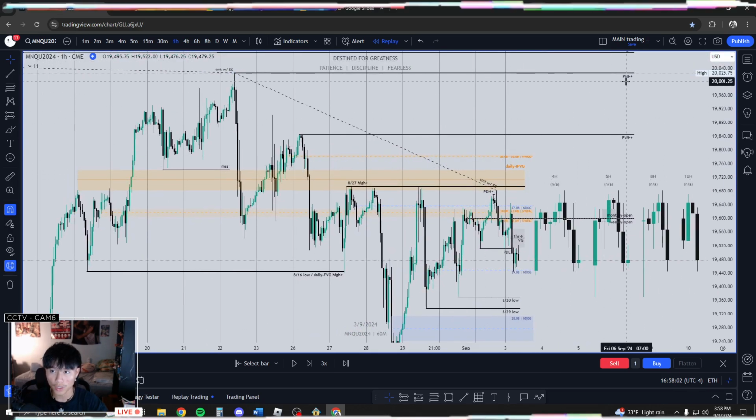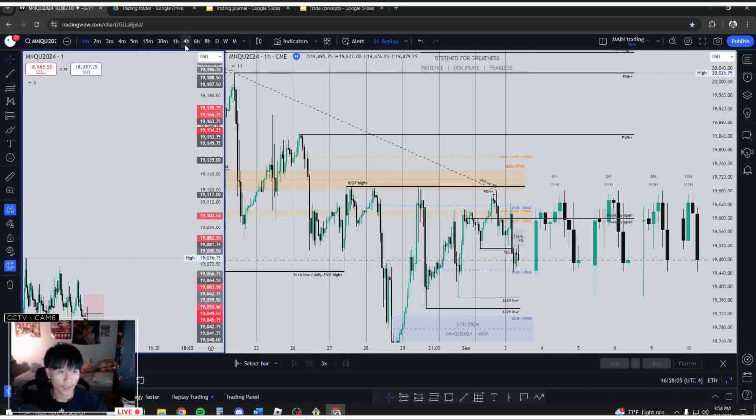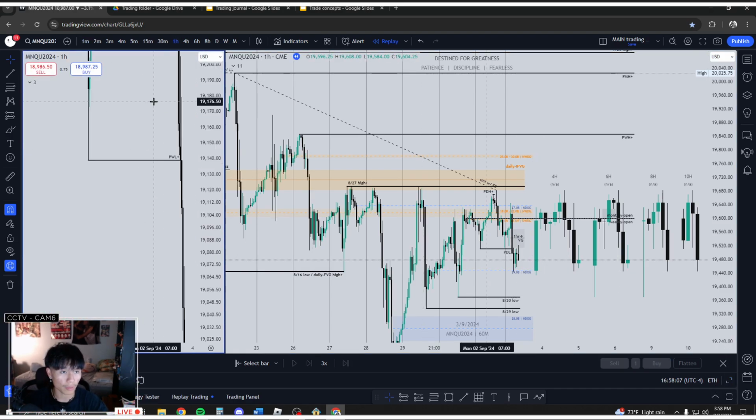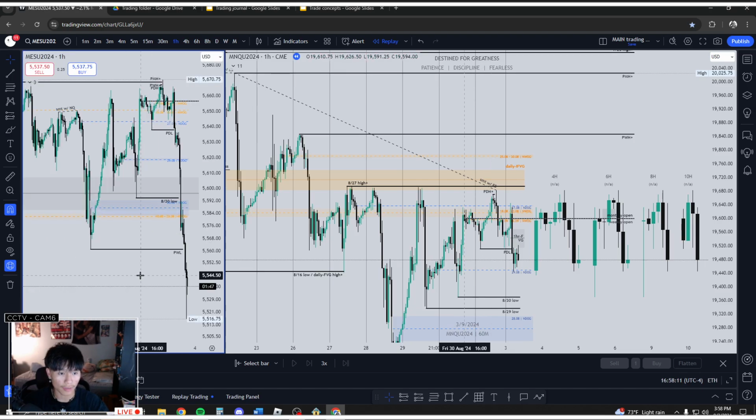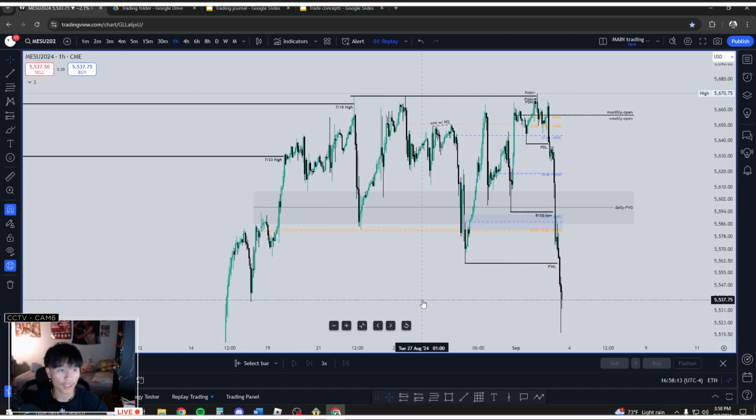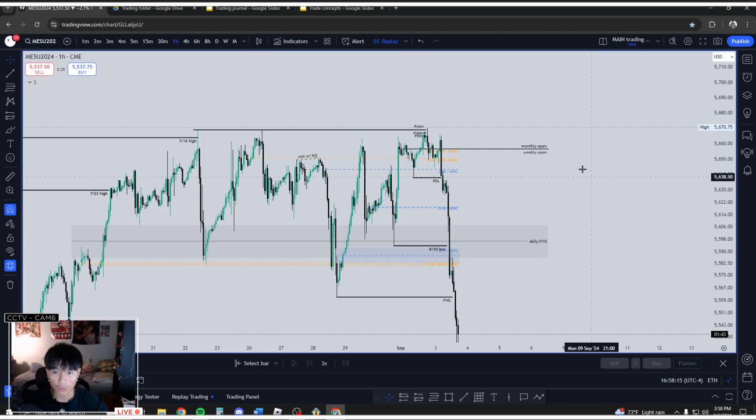ES had taken out previous month's high. So let me show you what the ES chart looked like. This is the ES chart, and ES swept previous month's high, and then we started to show willingness to trade higher or lower.